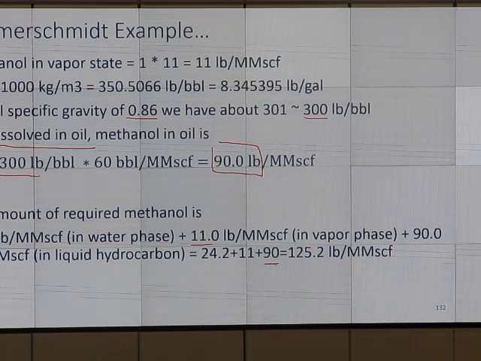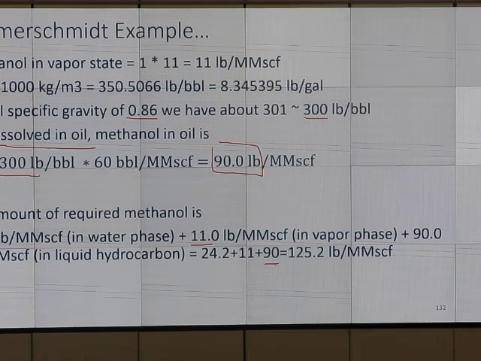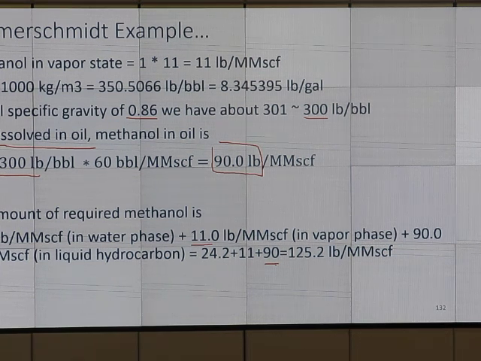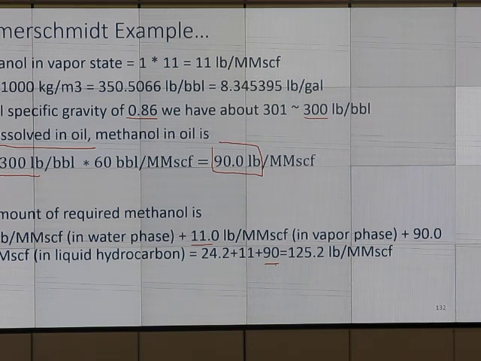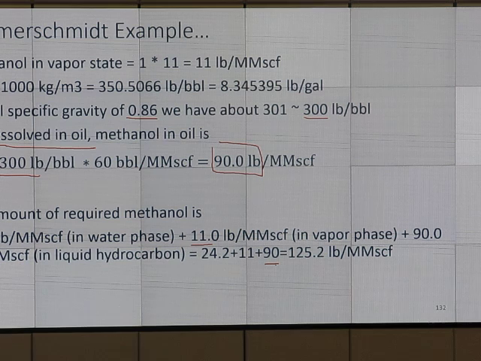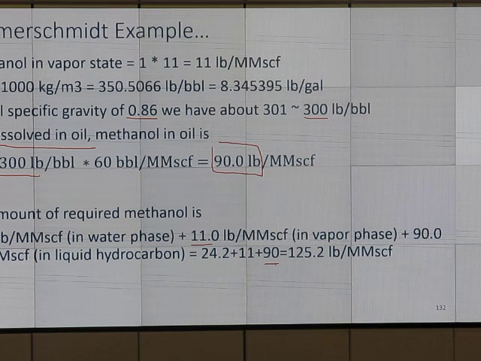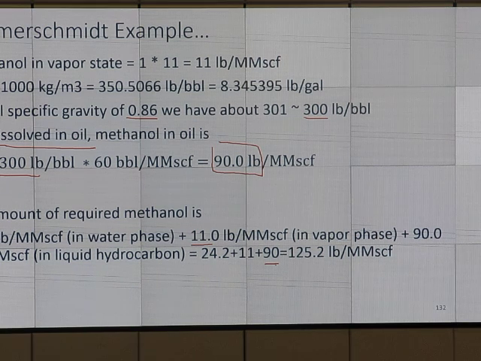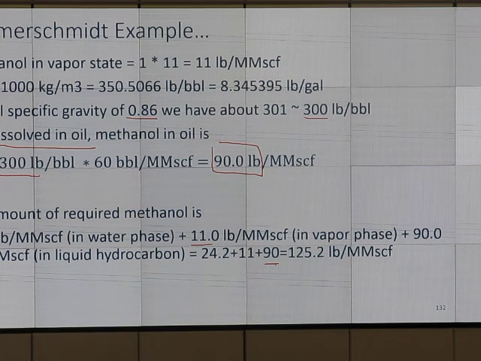So when we add methanol into this gas system, we have to add 125 pounds per million standard cubic foot. When we add 125, 24 is the usable one that goes to the water phase, okay? And 11 will go into the gas phase, and 90 is a loss in the hydrocarbon phase. You got this? So even though you need just 24, you need like 5 times more than the actual value, right? Instead of adding 24, you add 125.